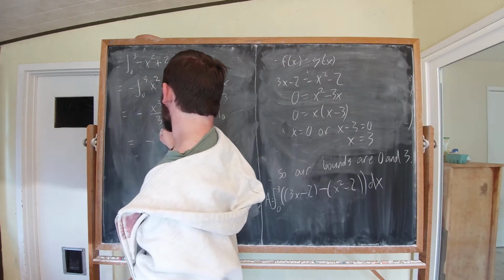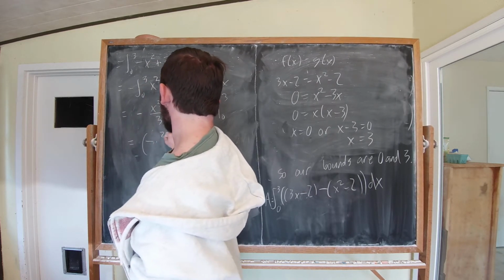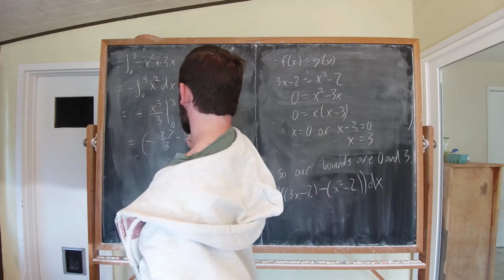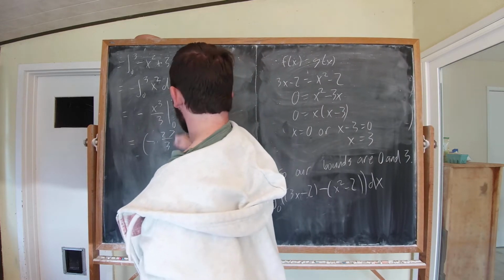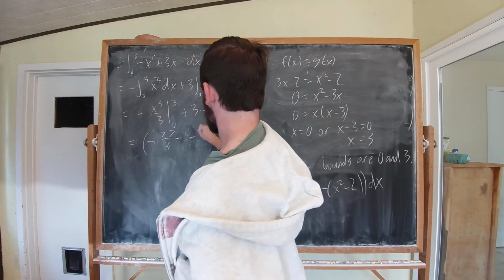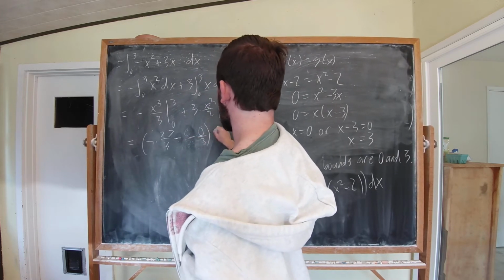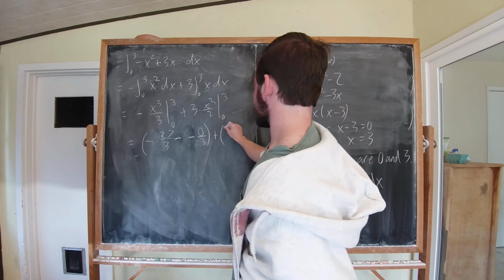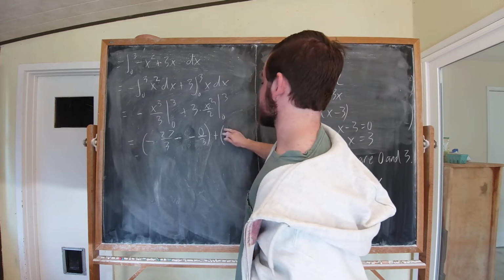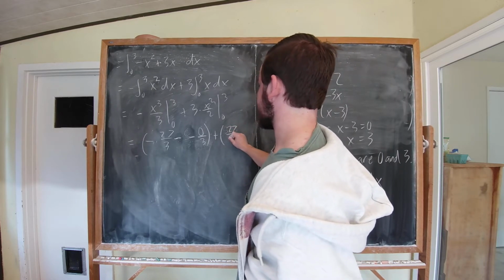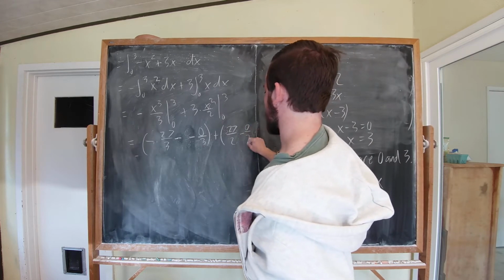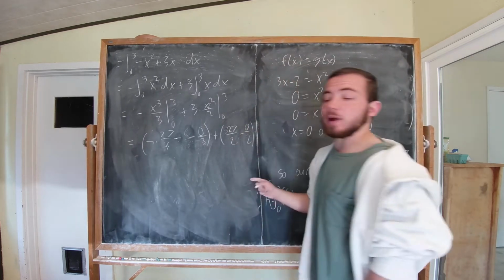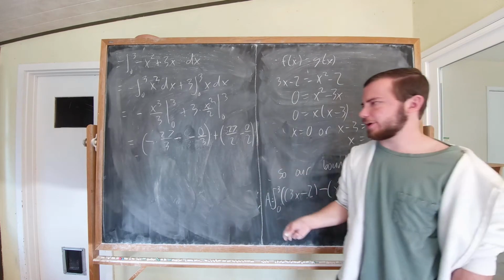which is negative 27 thirds minus 0 thirds, plus 3 times 3 squared, which is also 27, so you'd have 27 halves minus 0 halves. Just running through the evaluation very quickly.